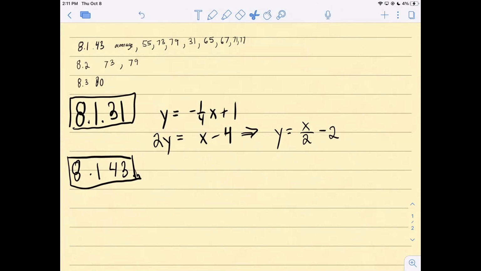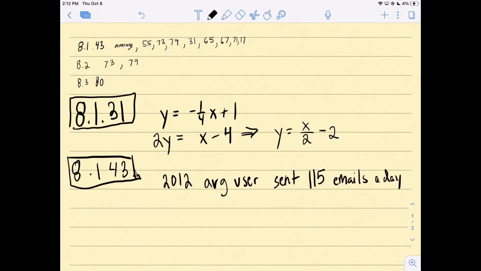So in 2012, the average user sent or received 115 emails a day.